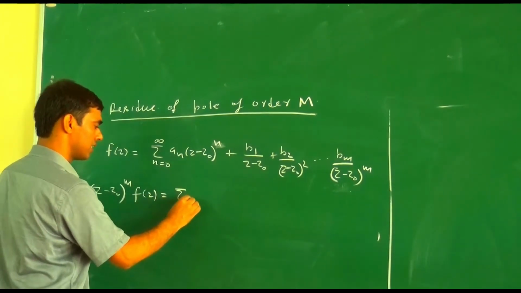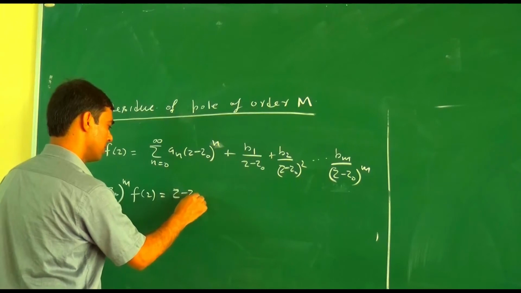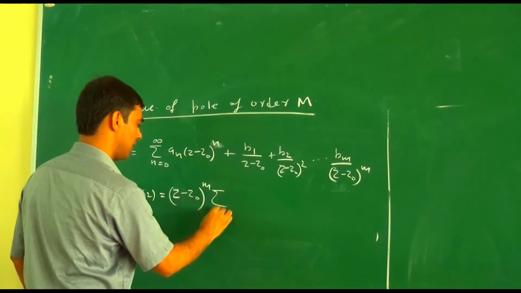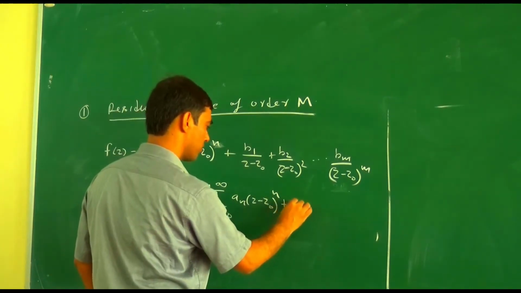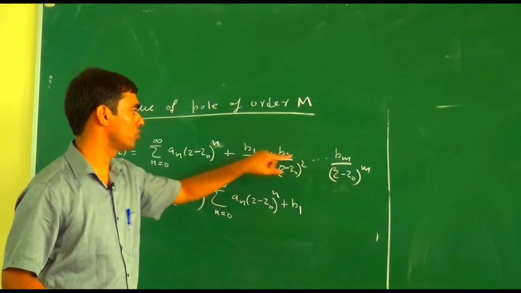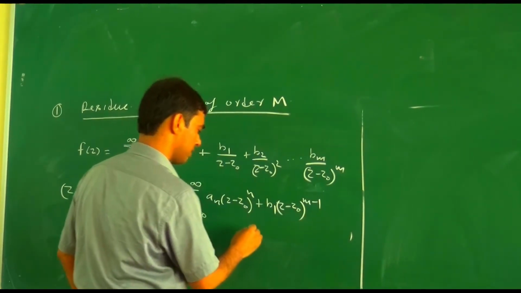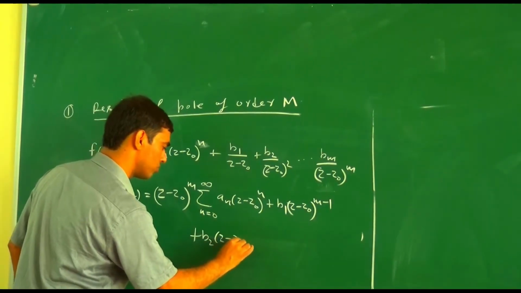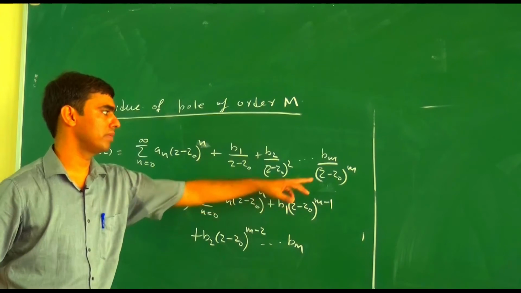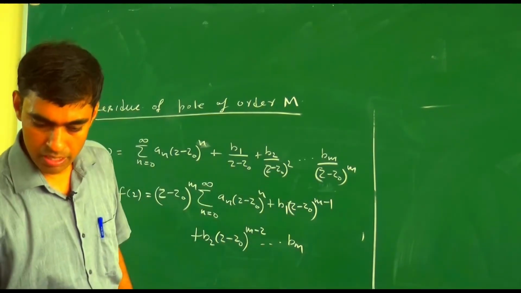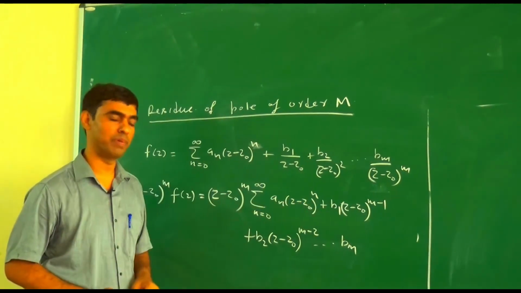Then this becomes (z minus z0) to the power m f(z) equals summation n equals 0 to infinity of a_n (z minus z0) to the power n plus m, plus b1 (z minus z0) to the power m minus 1 plus b2 (z minus z0) to the power m minus 2, and similarly bm, where (z minus z0) to the power m cancels out, so this becomes bm. Now what is our aim? Our aim is to find out the value of b1.